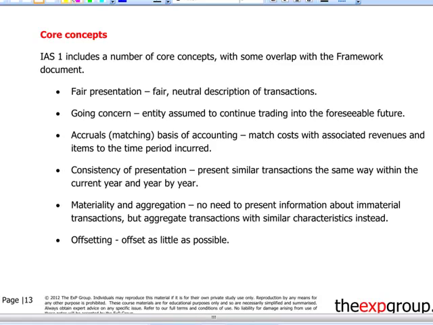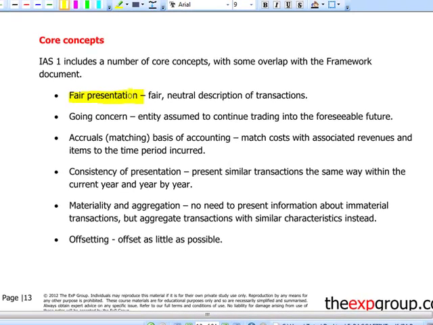A fair presentation. When we are including transactions in the financial statements, they should be presented fairly and neutrally, and that, to be honest, means a lot of things. A fair presentation will require substance over form.